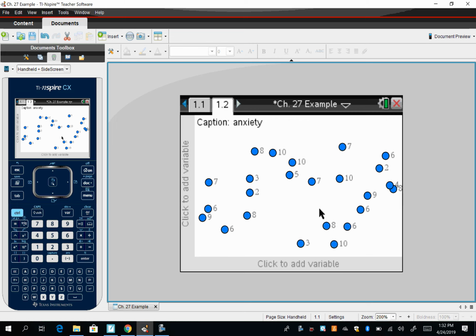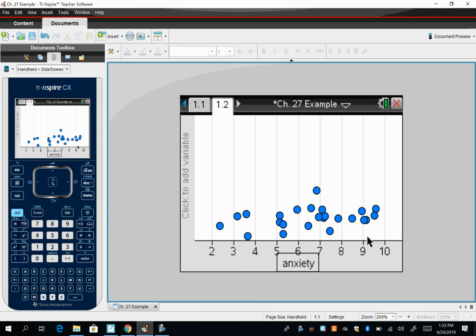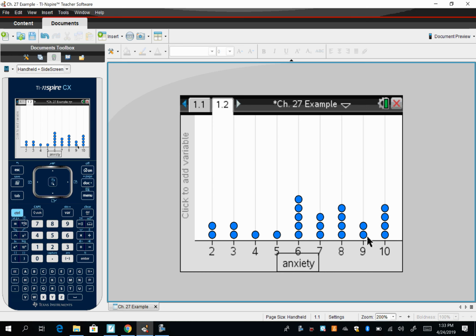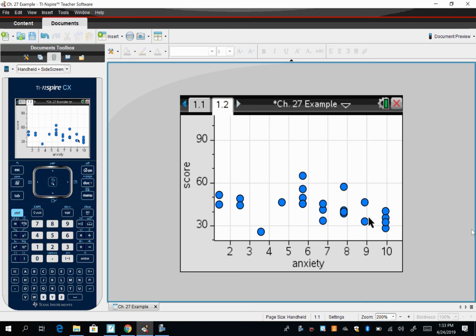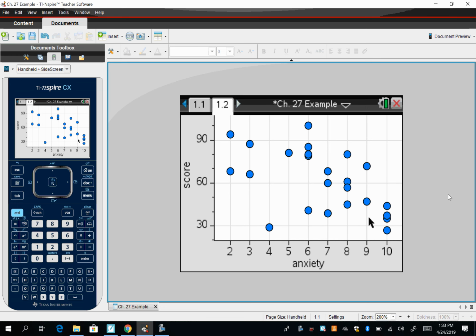So the x-axis is going to be the explanatory for anxiety. So go down to the x-axis and click anxiety. Well, it should be just a dot plot right now. Then you're going to add on the y variable, your response, which is test score. It never gets old.